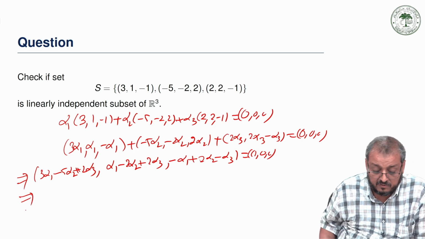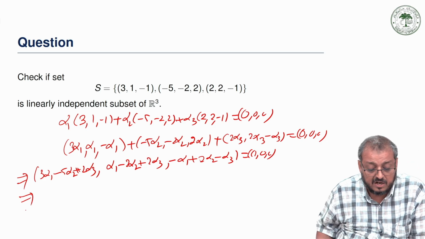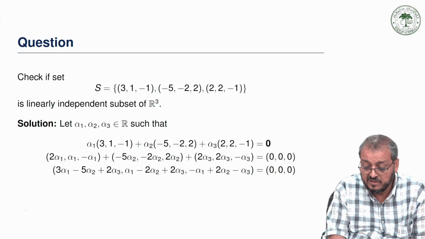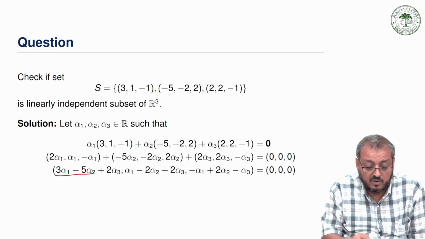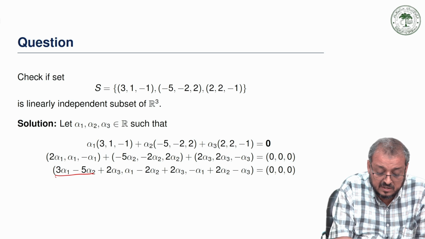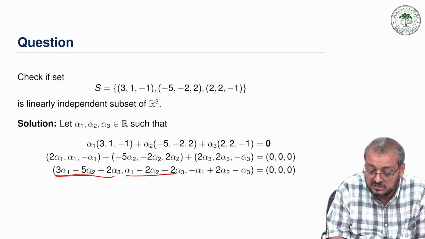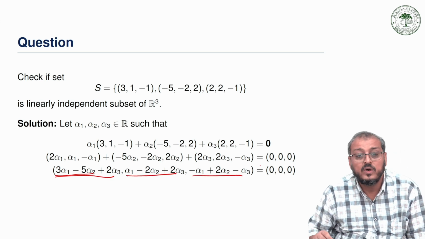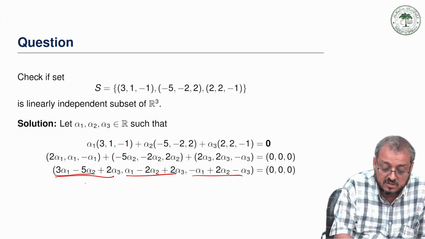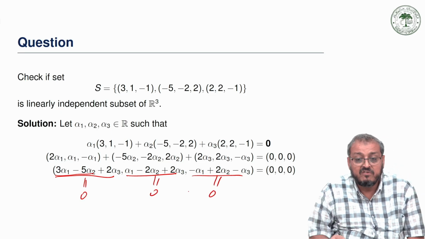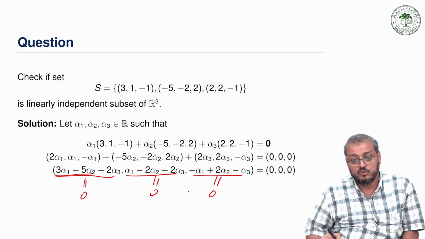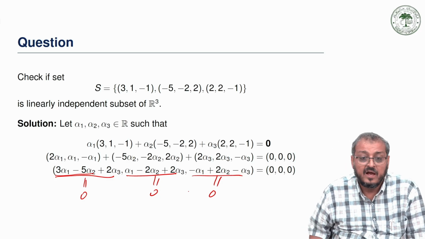So this way we can write it in this form. Now each of these components is equal to 0, equating the two vectors component by component. We have 3 variables and 3 equations, so most probably we have a solution.